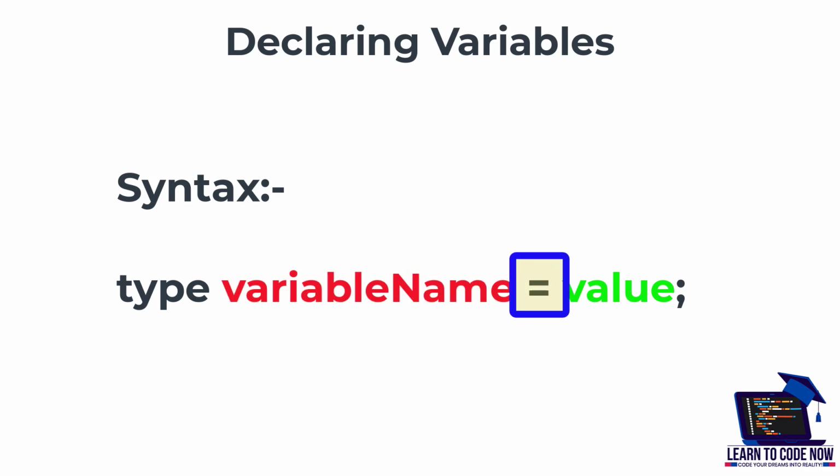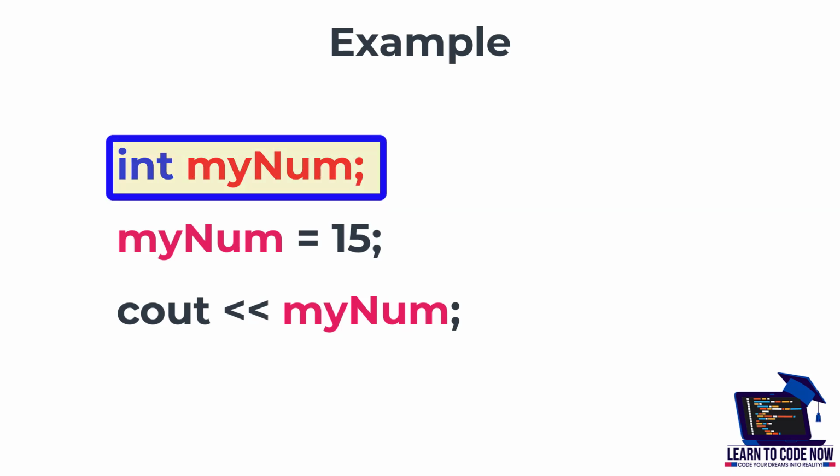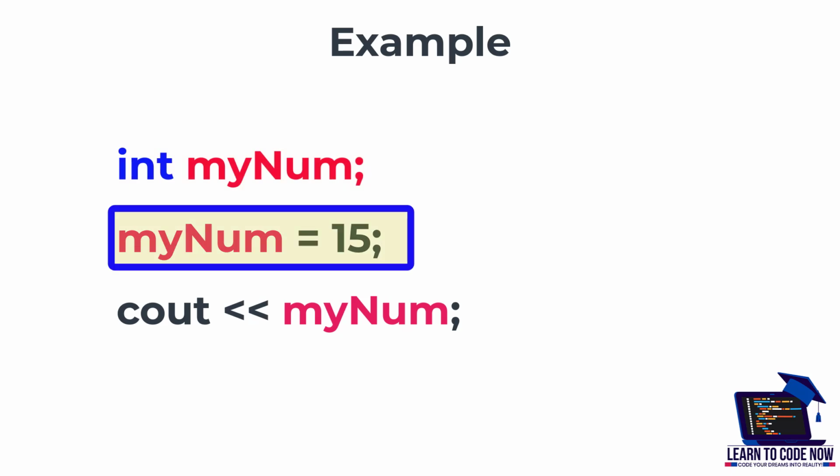The equal sign is used to assign values to the variables. Here we have an example in which we are declaring a variable, then assigning a value to this variable, and by using the cout object, we are going to print this value onto the screen. So create a variable called myNum of type integer, assign it the value 15.